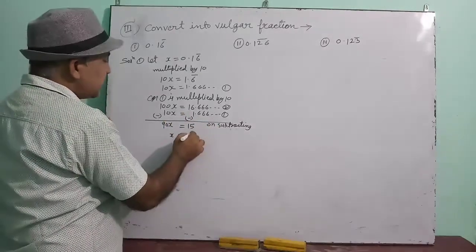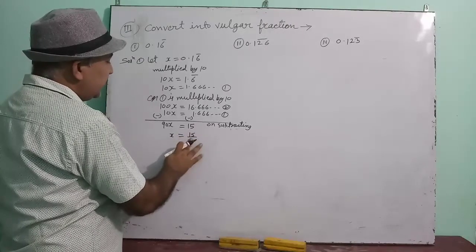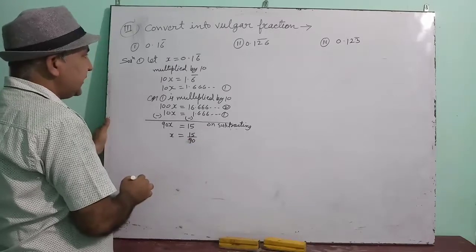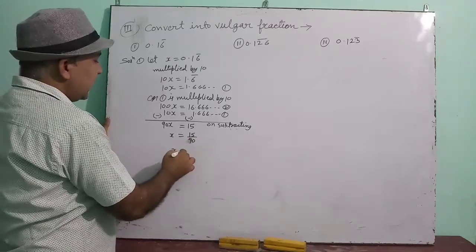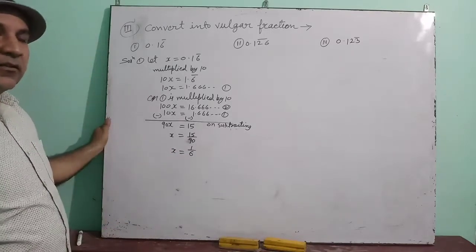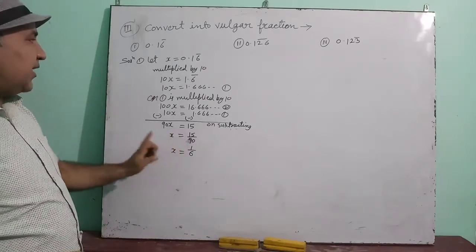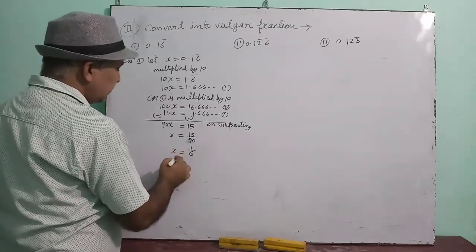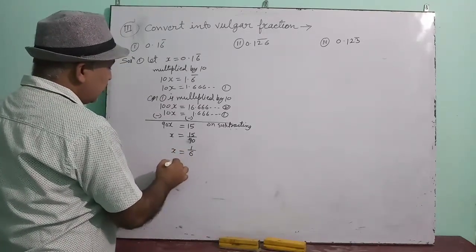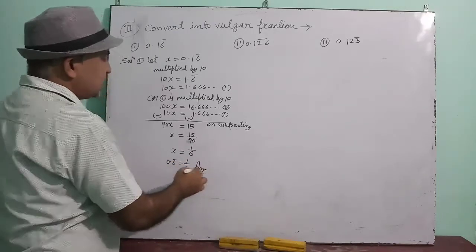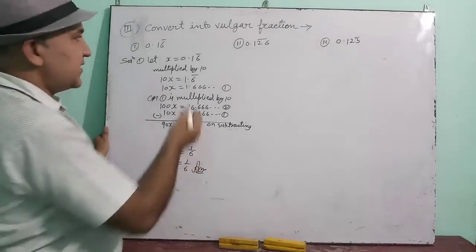So x is equal to 15 by 90. That means x is equal to 1 upon 6. Can you see? 15 can divide 90 six times. Okay. That means 0.16 bar is equal to 1 upon 6. This is your answer.